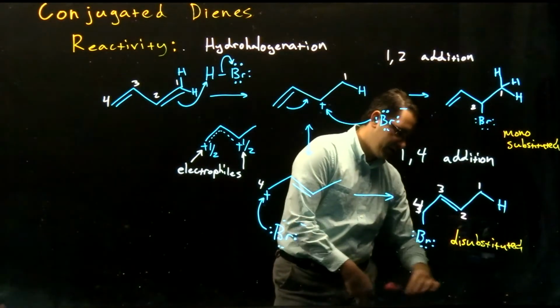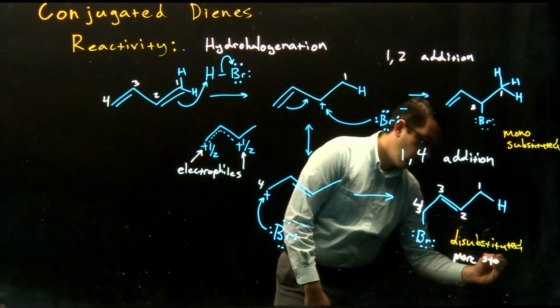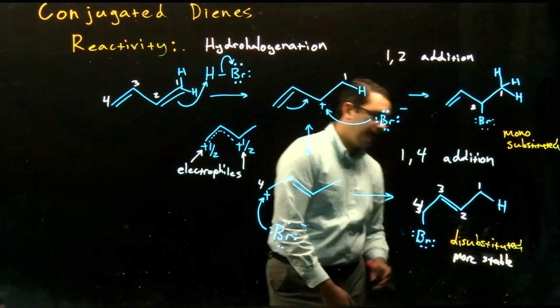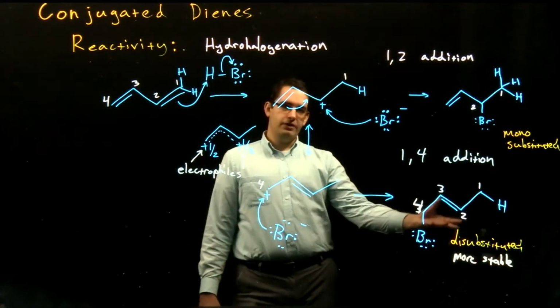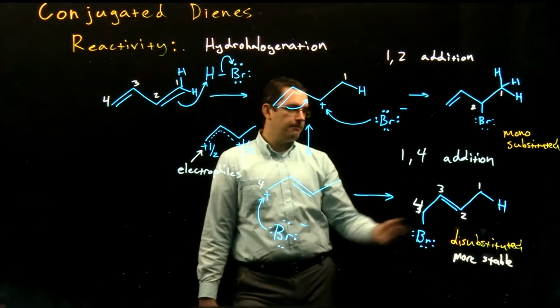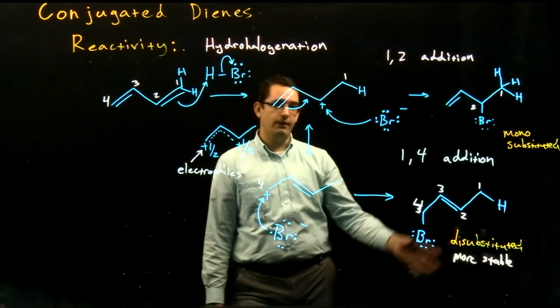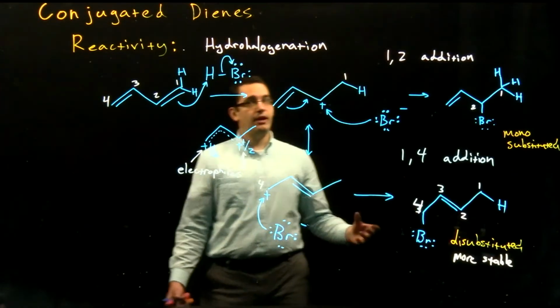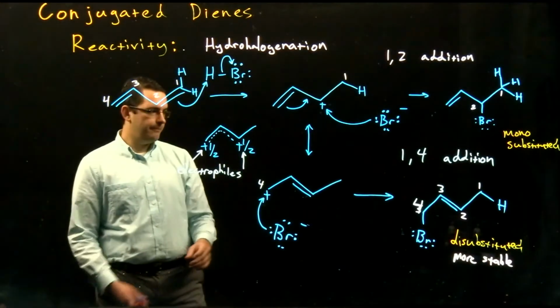So this is actually going to be more stable than our 1,2 addition product. So if this is more stable, this should be our desired product, right? Well, we haven't looked at our intermediate yet, right? So this is the more stable product, but the intermediate will also affect which product is preferred.